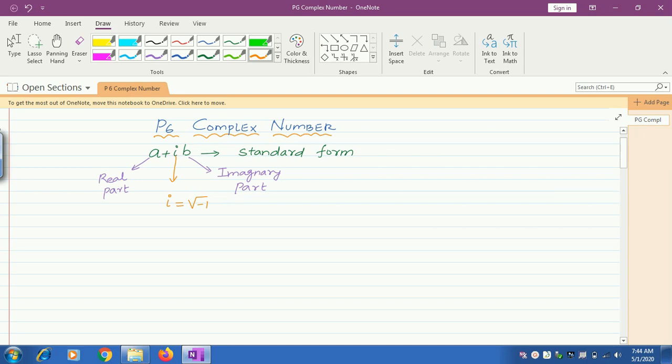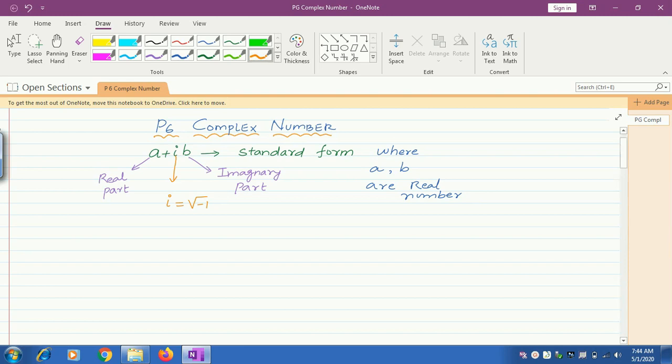So this is the introduction of complex number, where a and b are real numbers. It may be any value, but the standard form is a plus ib.